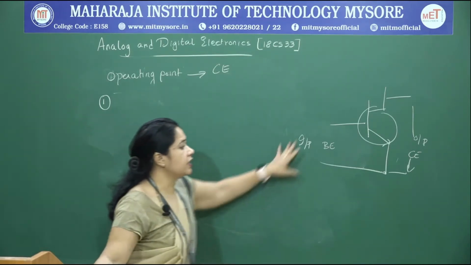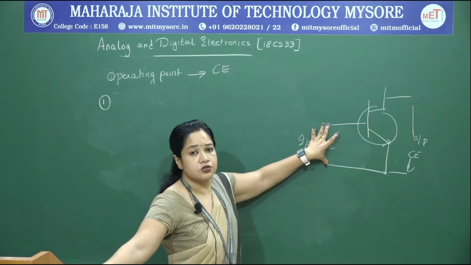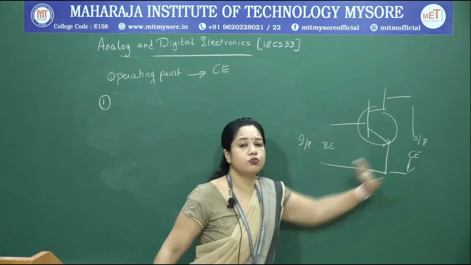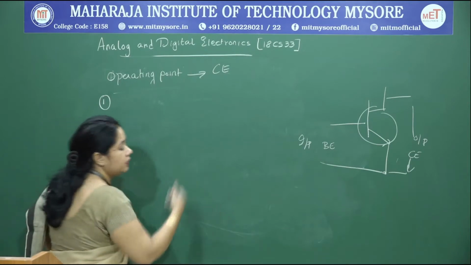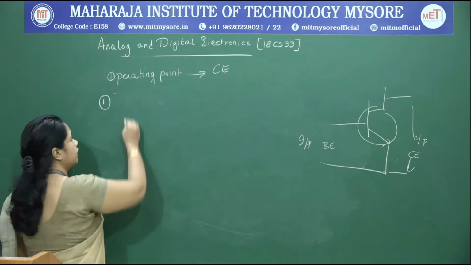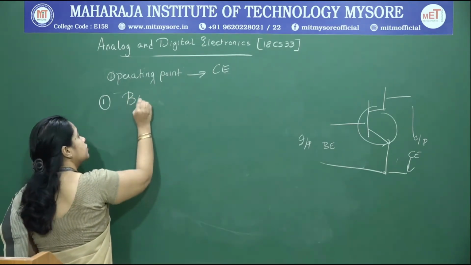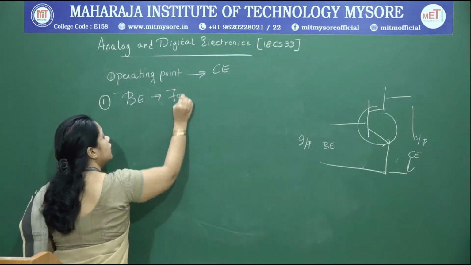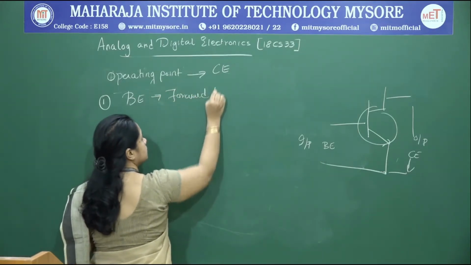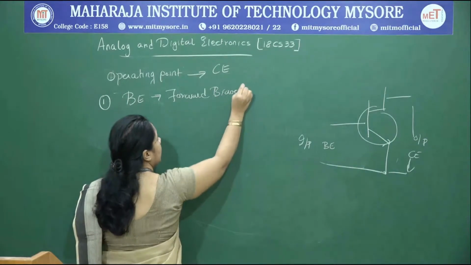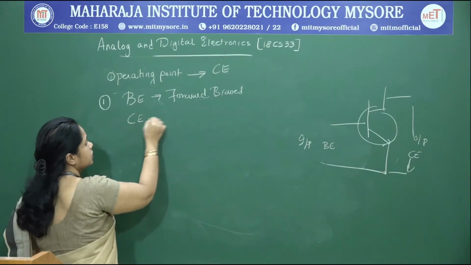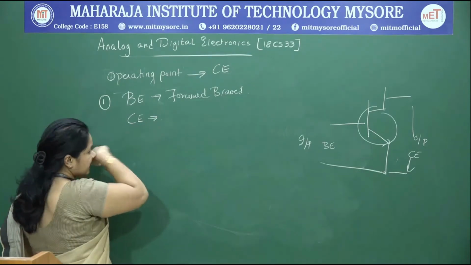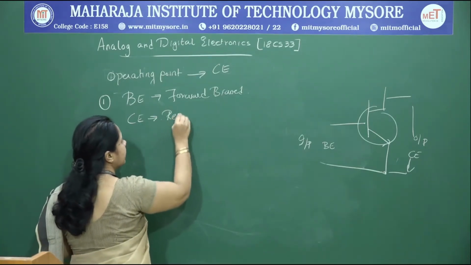Essentially, your input junction should be forward biased and your output junction should be reverse biased. So, with respect to common emitter configuration, the base emitter junction should be forward biased, while the collector emitter junction should be reverse biased.